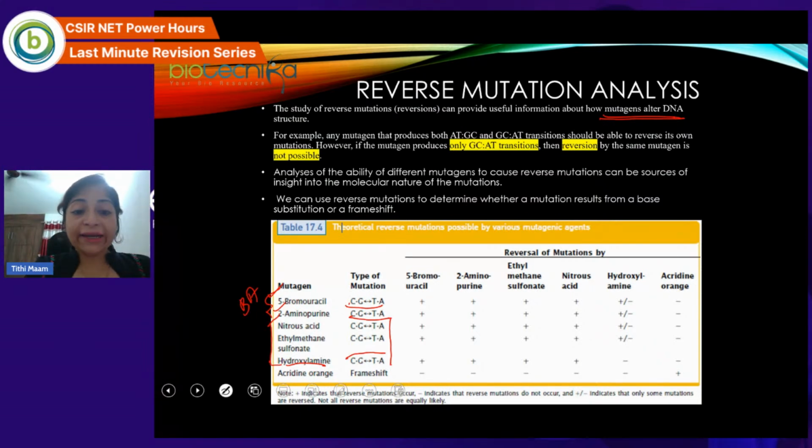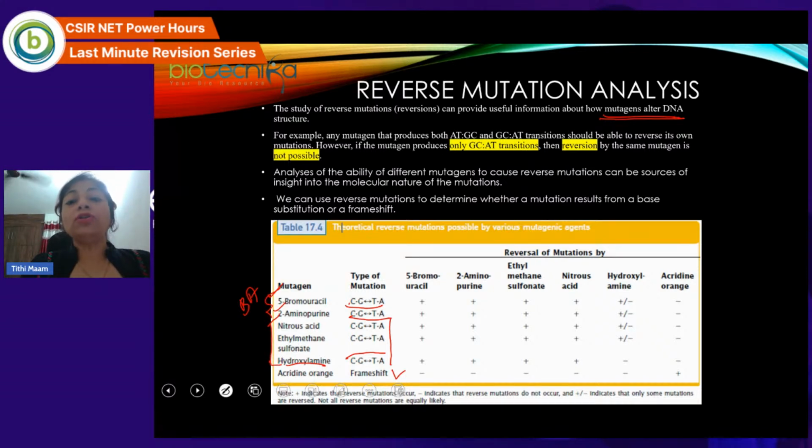Acridine orange, ethidium bromide, or proflavin are all intercalating agents. Intercalating agents will cause small, one-nucleotide insertions or deletions. If those insertions and deletions happen in the coding segment of the gene, it will result in a frameshift mutation.